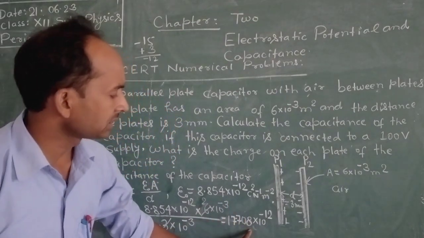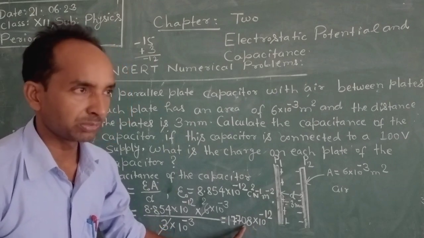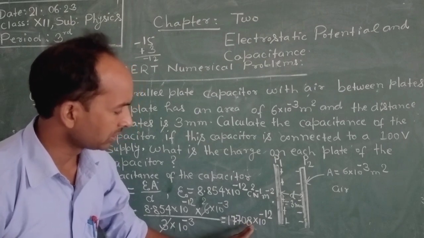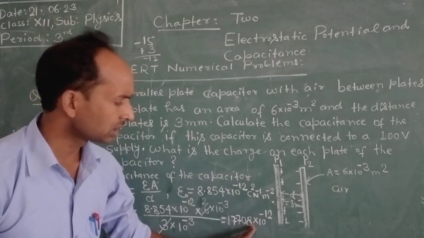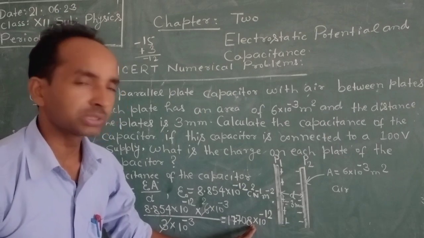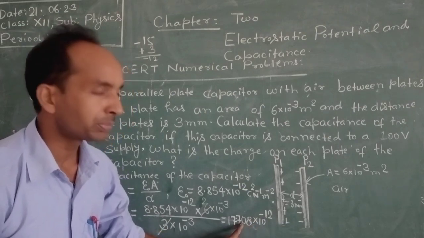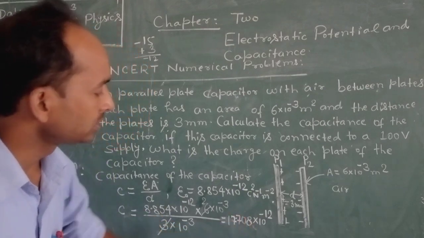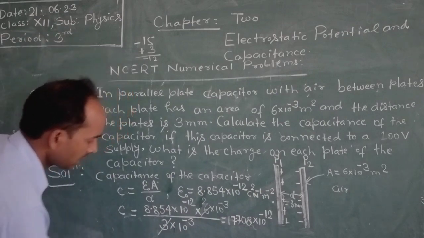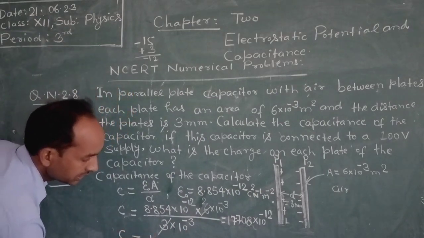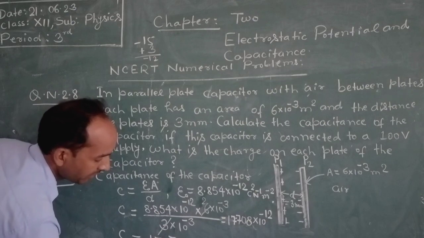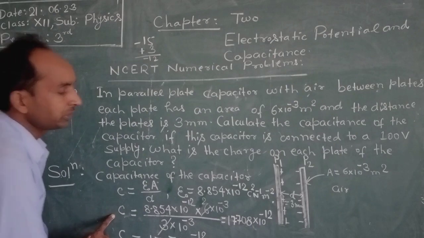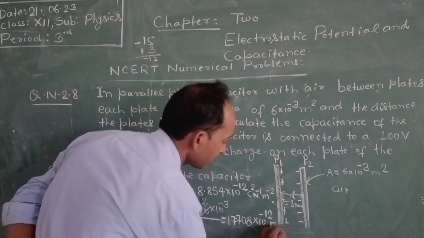If we take the answer to only 2 decimal places, then the 0 becomes 1, because when the third place digit is 5 or more than 5, we add 1 to the preceding digit. So 1 is added to the 0 and it becomes 17.71 into 10 to the power minus 12, and this is the capacitance.